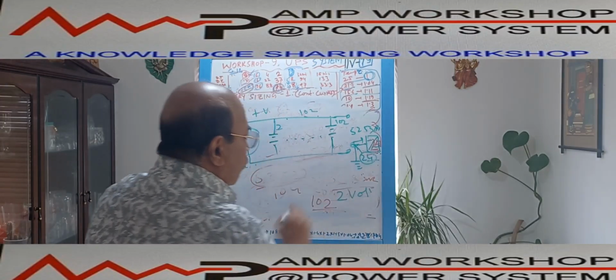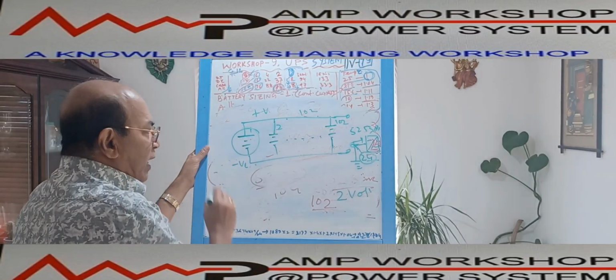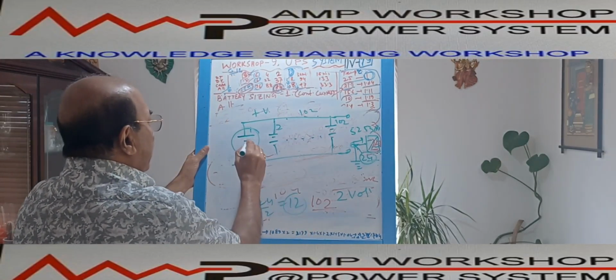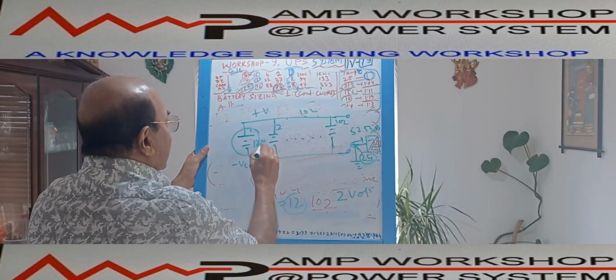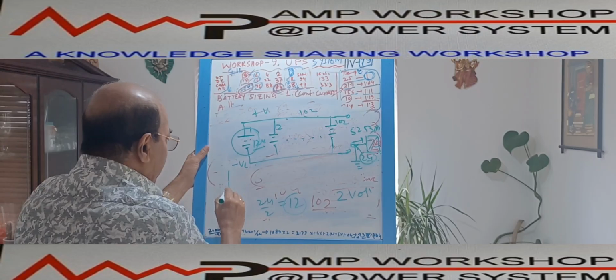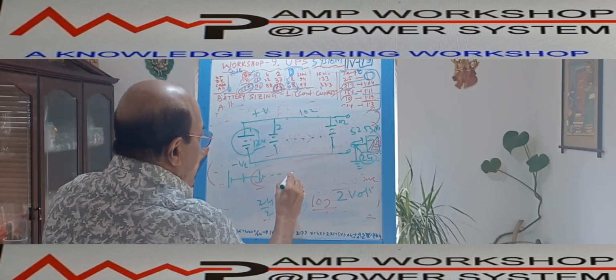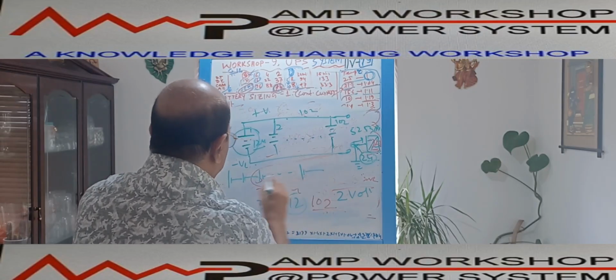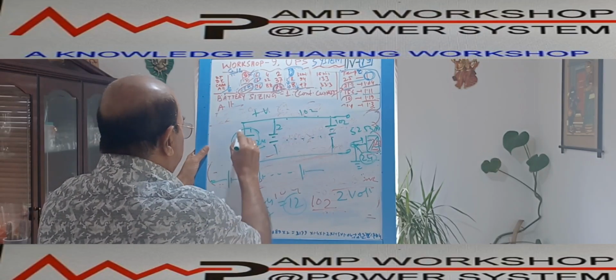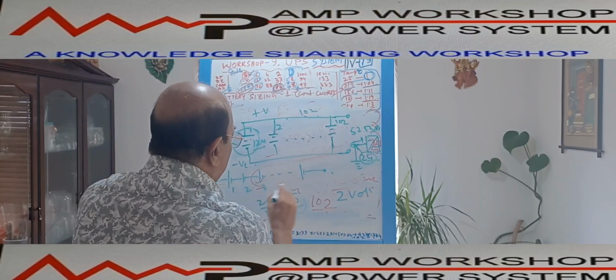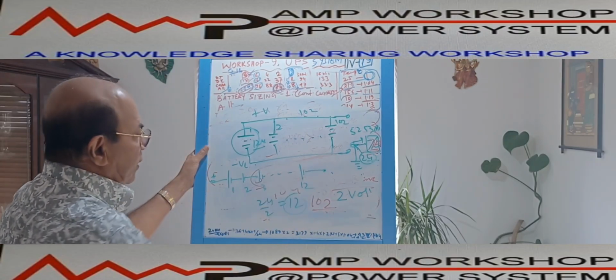So to get 24 volt, how many cells are required? 24 by 2, that means 12 cells are required. So I have to connect 12 cells in series. That means this battery will be connected like this, 12 numbers. This is the positive point and this is the negative point. There is 1, 2, 3, up to 12 cells, connected in series.